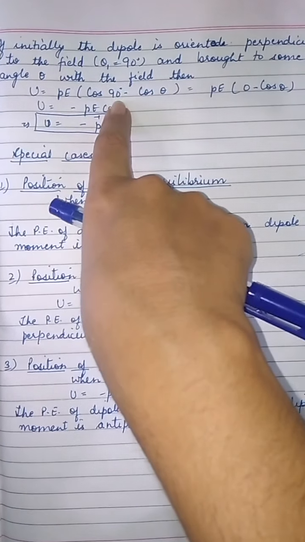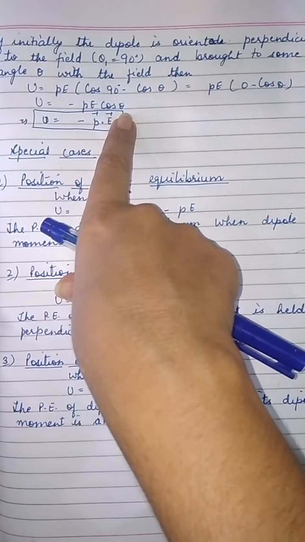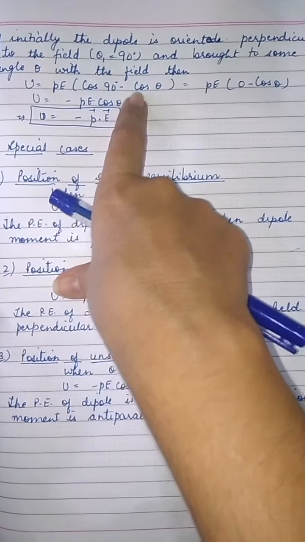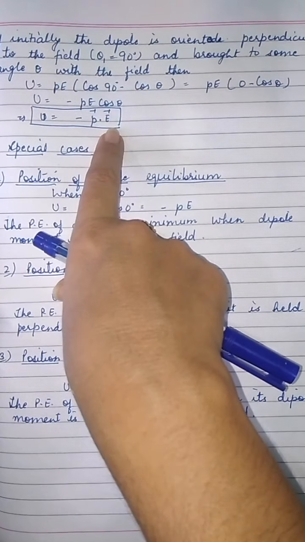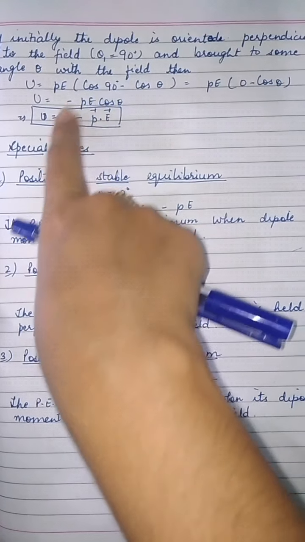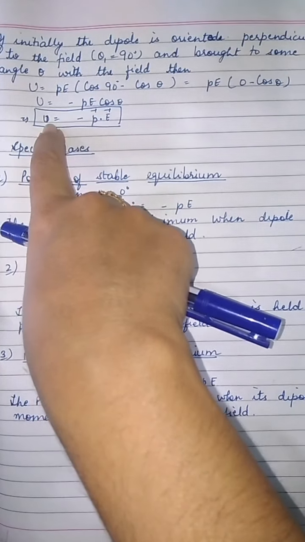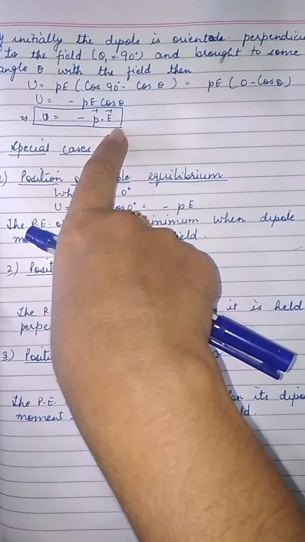Now cos 90 is 0, so pE times 0 minus cos theta. So U is equal to minus pE cos theta. Since there is a cos factor, it is the scalar product of p and E. Since both are vector quantities, this is the scalar product or dot product. Potential energy is the negative of the dot product of dipole moment and electric field.